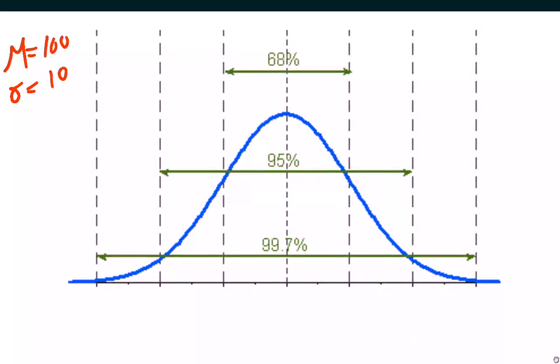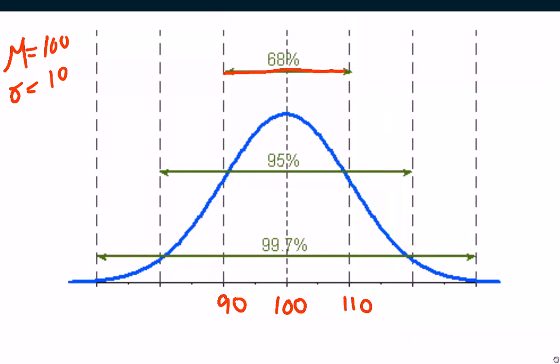Then that means my mean is at the middle. And if I go plus one standard deviation to the right, that would be 110. If I go minus one standard deviation, that would be 90. So the empirical rule says that 68% of my values are going to be between 90 and 110.